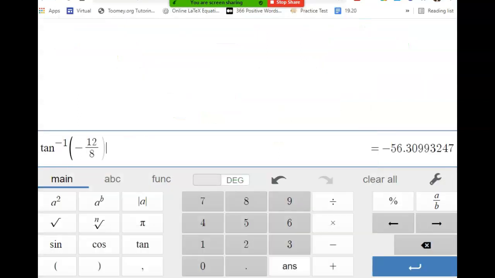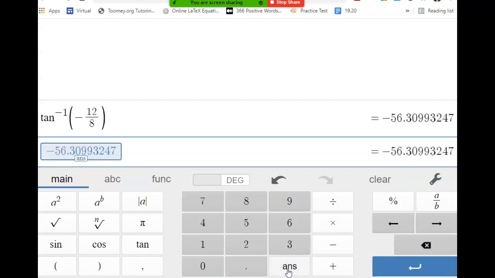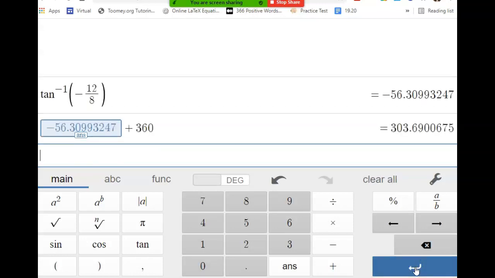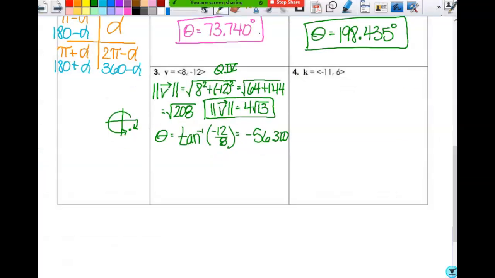In my calculator, after I hit enter, I can do answer plus 360. And notice that my reference angle would be a positive 56. So this is really the same thing as 360 minus the reference angle. It's the exact same thing, just depends on how you want to think about it. And we get 303. So theta equals 303.690.